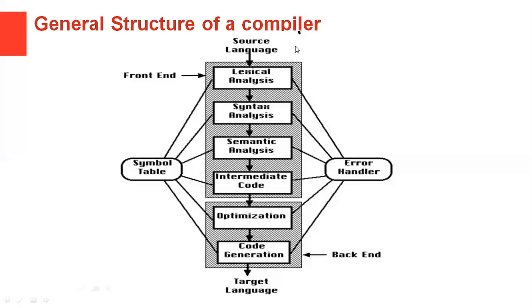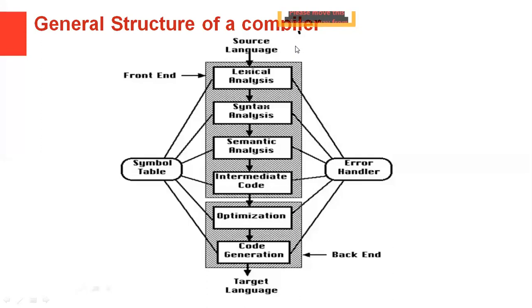Any files to be included in that program are included by the linker. And the loader assigns memory to that program, and the program is ready for execution. Finally we get the absolute machine code. So this is the language processing system, or cousins of a compiler.